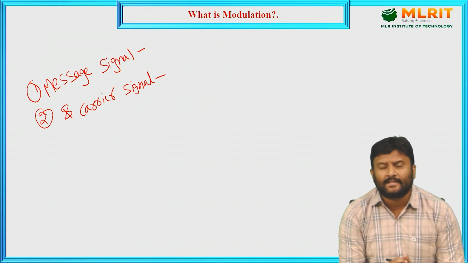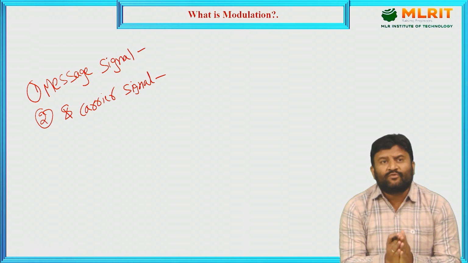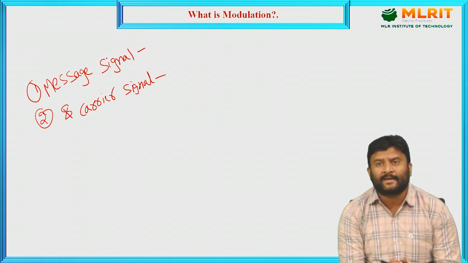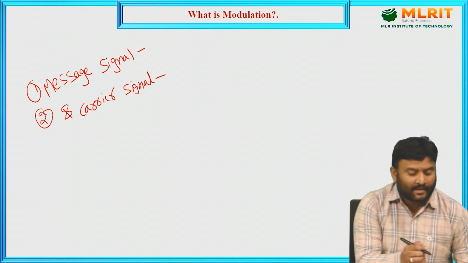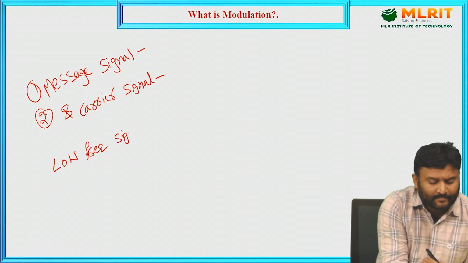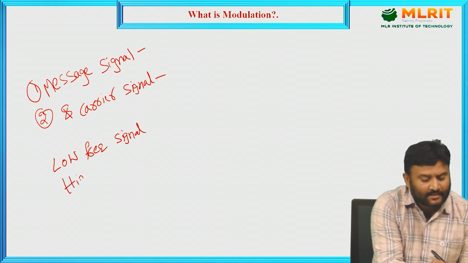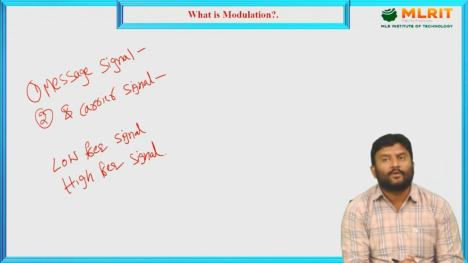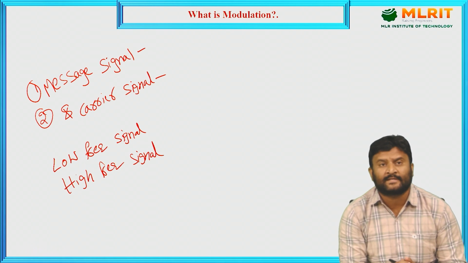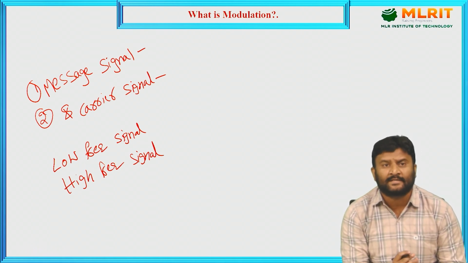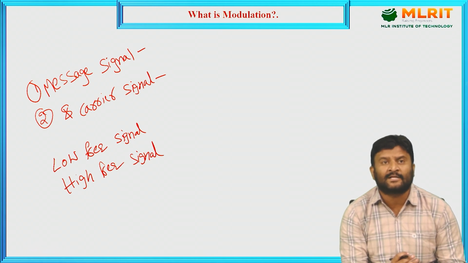To define the message signal as well as the carrier signal, we also call them by other names: low frequency signal and high frequency signal. The low frequency signal is also called a message signal. The high frequency signal is also called a carrier signal.